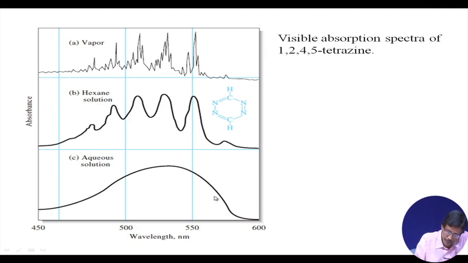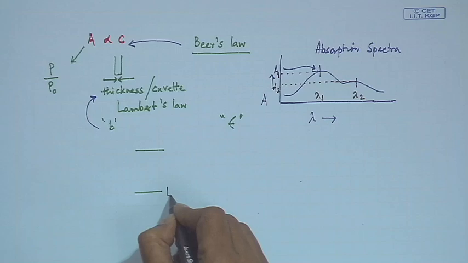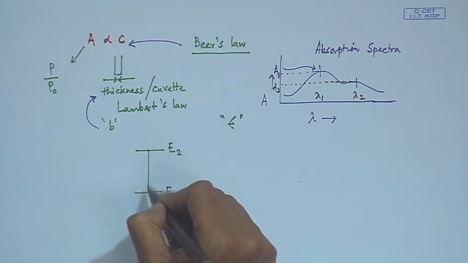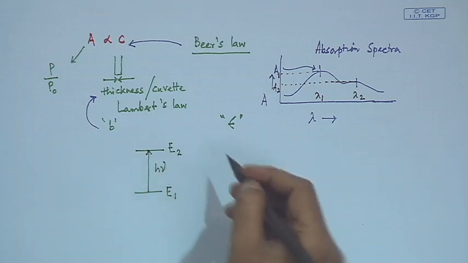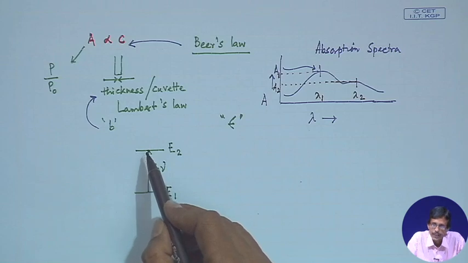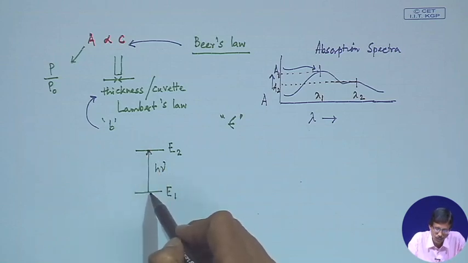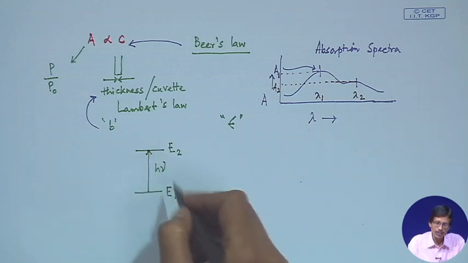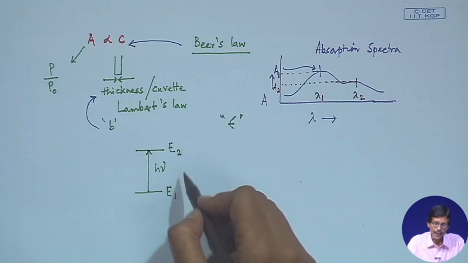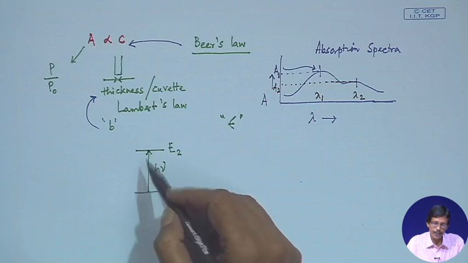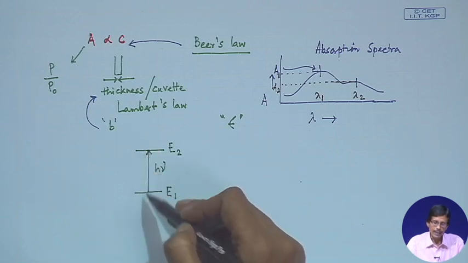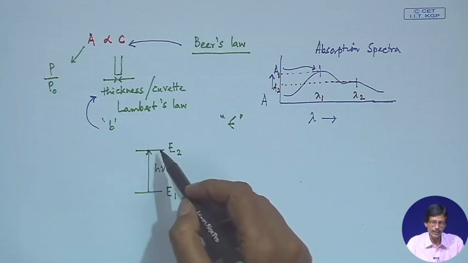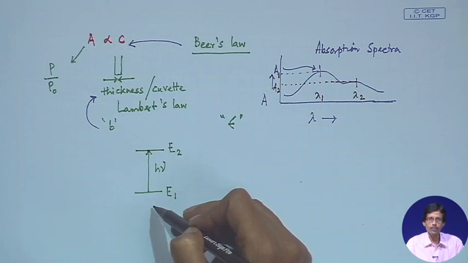If we have 2 electronic states, one is the ground state which we consider E1 and the second one is E2, then due to the absorption of visible or UV light, the electronic distribution changes such that an electron can be promoted from one level to the other, or any other electron involved in bonding can be promoted, so that the orientation in the molecule changes. This is a very transient period, and the molecule will not remain in the E2 level, because it will again relax to the E1 level.